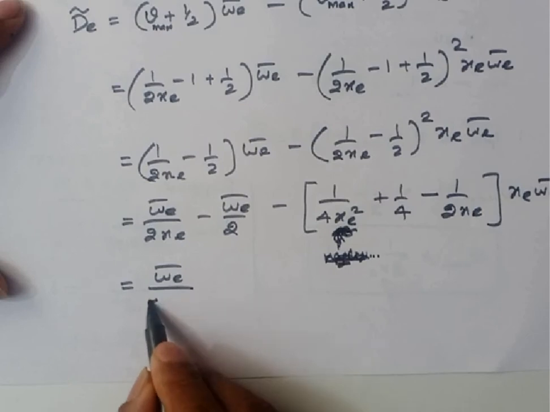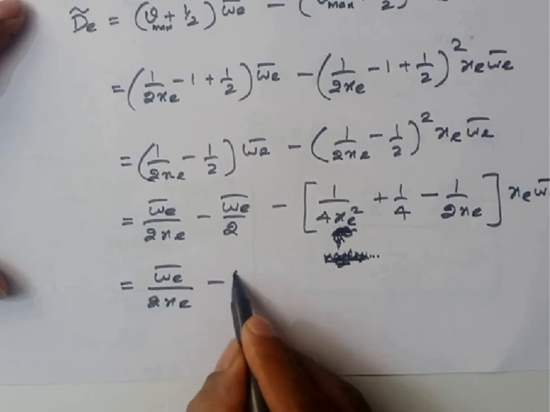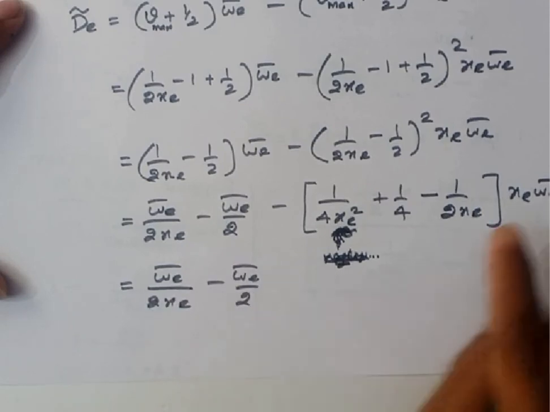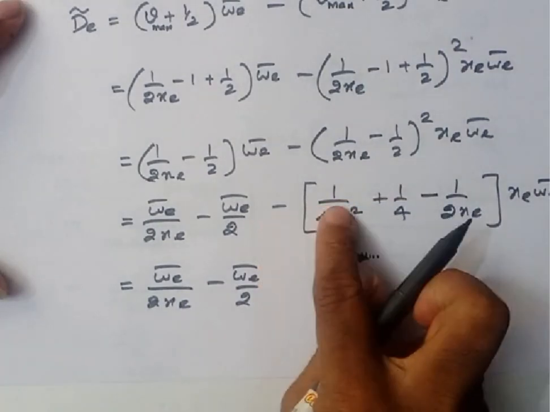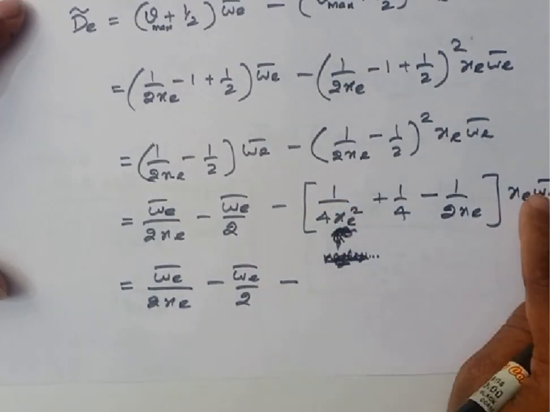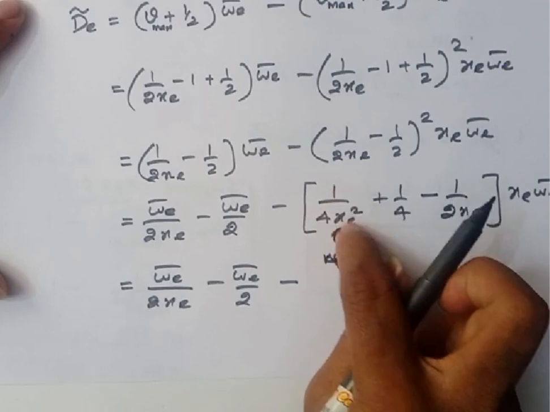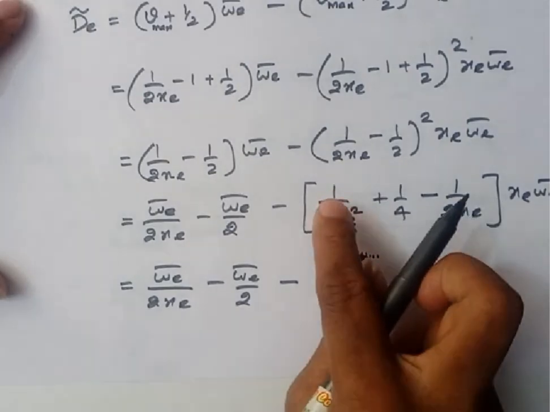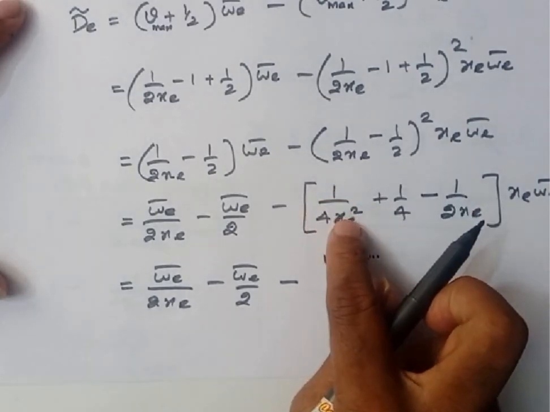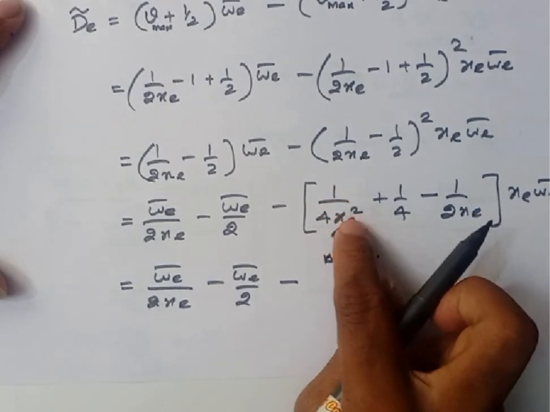Now omega e bar by 2 Xe I'll keep as such, minus omega e bar by 2. Now I'll multiply this here and I also multiply with minus 1. If I multiply here, Xe in the numerator and Xe square in the denominator, so Xe cancels, and you will get one more Xe in the denominator.